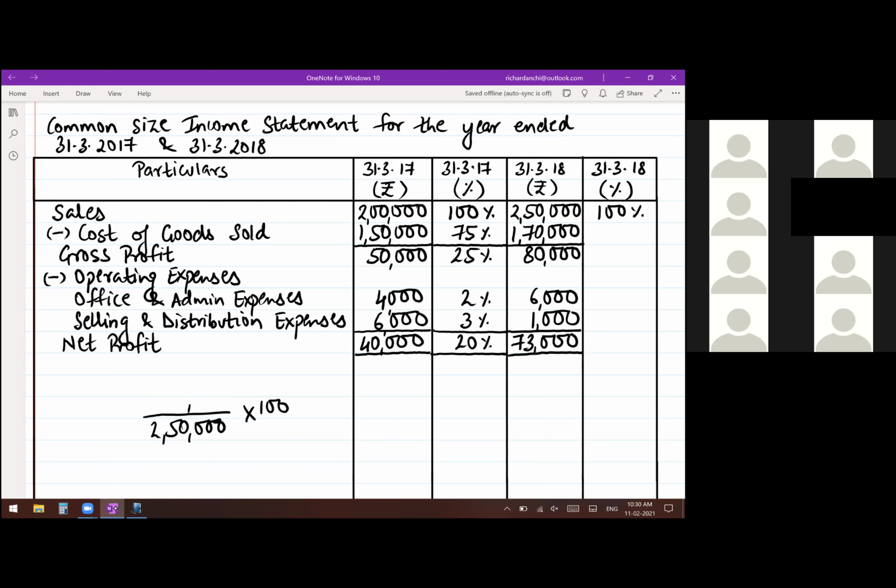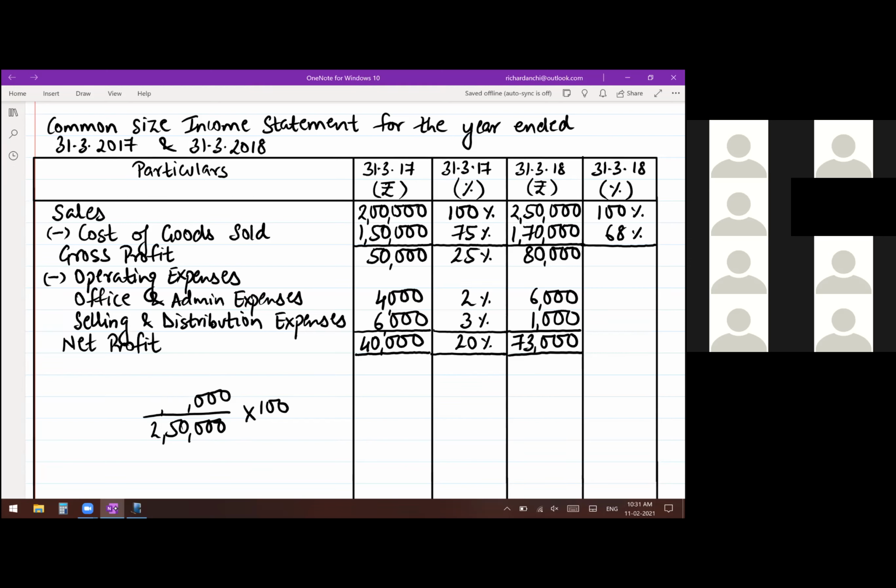Starting with cost of goods sold, that is 1,70,000 divided by 250 into 100. 68%. Now, if you don't want to calculate, just subtract and you will get gross profit as a percentage.